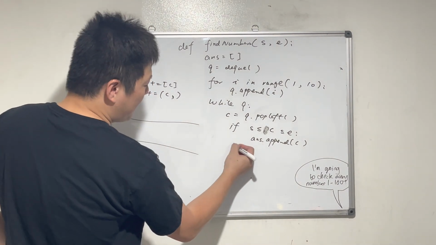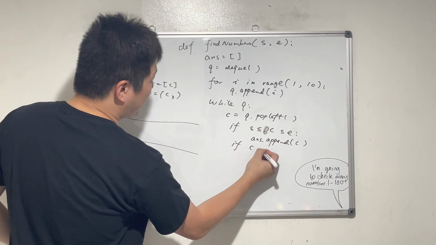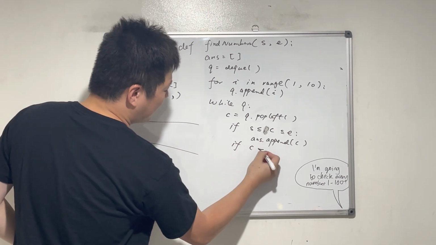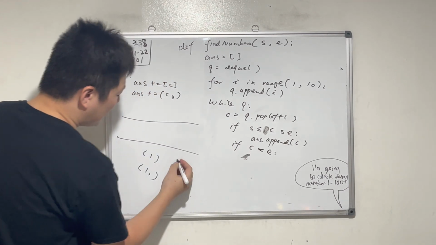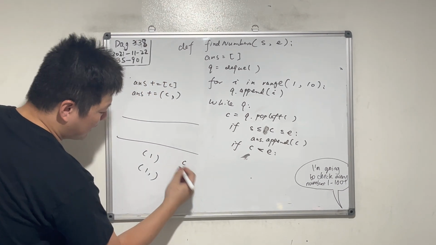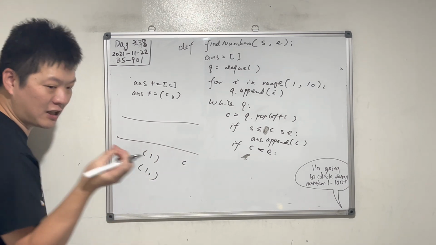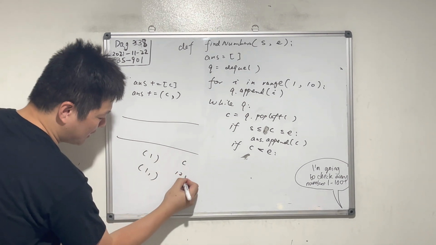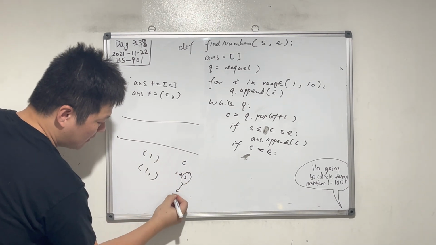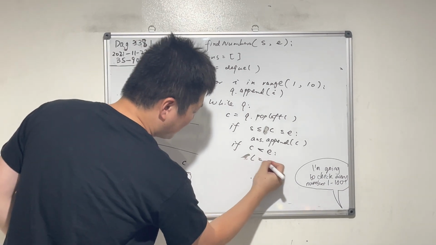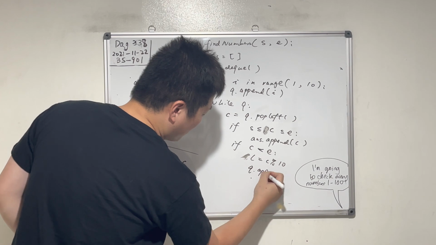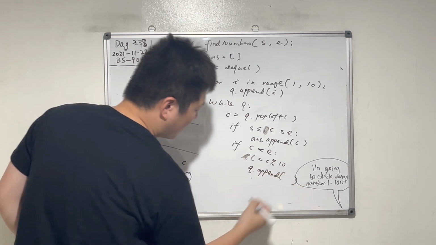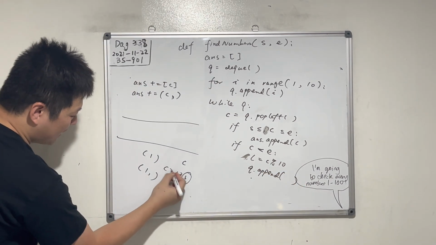Okay, now look, if C is smaller than E, if it's still in the range, then I can Q. So if this number is C, the rightmost digit, the digit at ones, for example 1, 2, 3, what's this number? Modulus 10. So let's say L equals C modulus 10, and then I want to append the next number in the Q. Look, this is 1, 2, 3, and what's next?